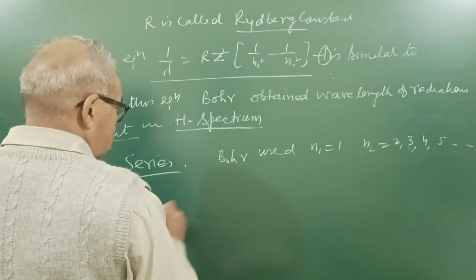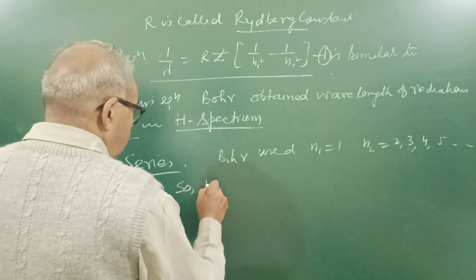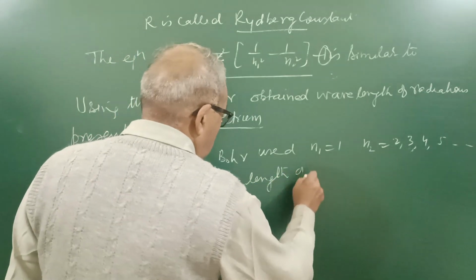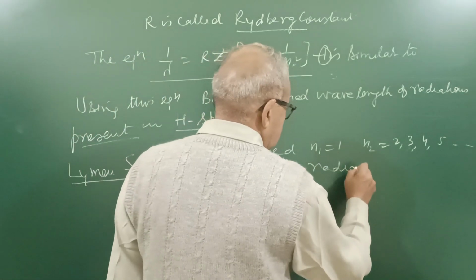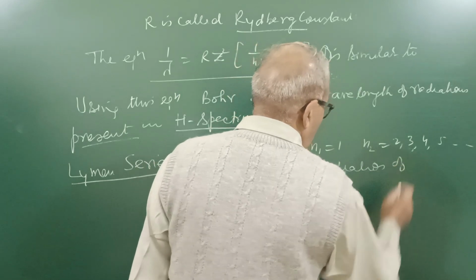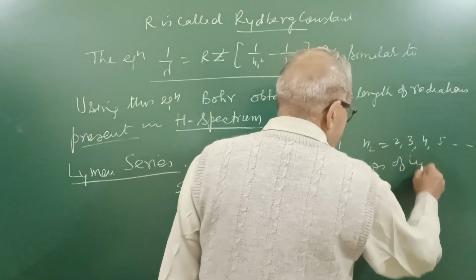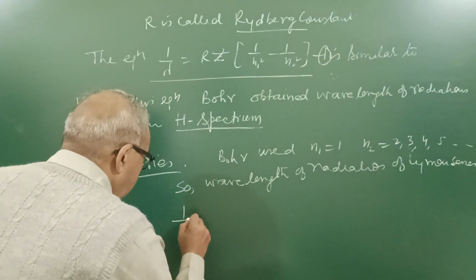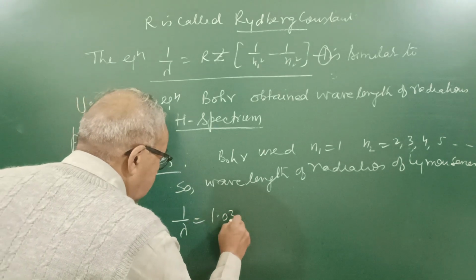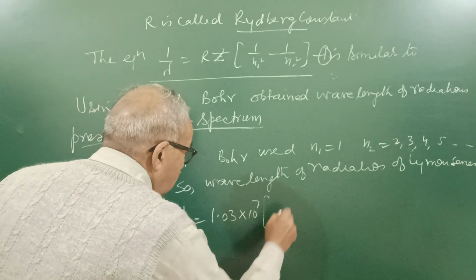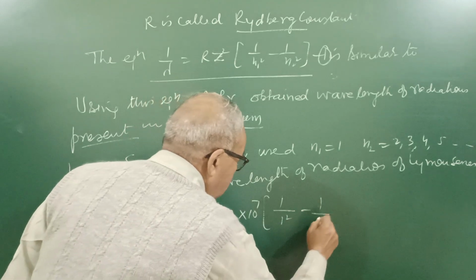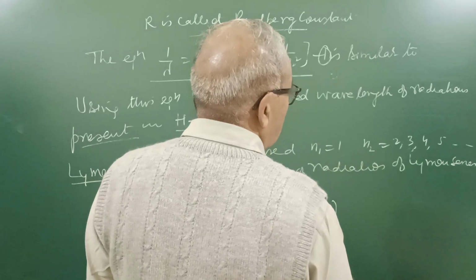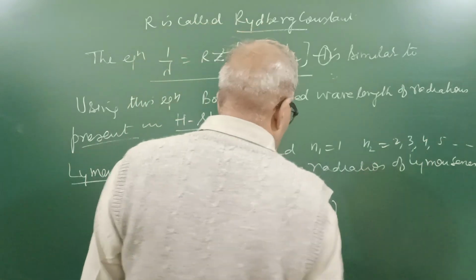So the wavelength of radiation of the Lyman series: 1/λ = 1.03 × 10^7 (1/1² − 1/n2²), where n2 is 2, 3, 4.